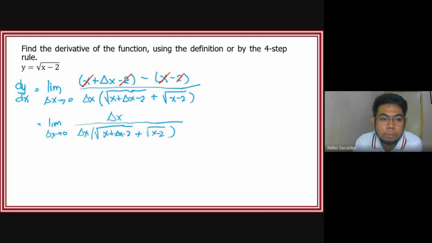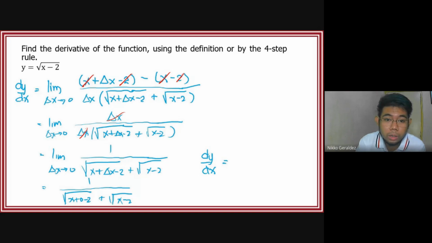Ayan. So, makakansel din yung delta x, no? So, delta x over delta x, so that is 1. So, we have the limit of 1 over square root of x plus delta x minus 2 plus square root of x minus 2 as delta x approaches 0. Yun, no?